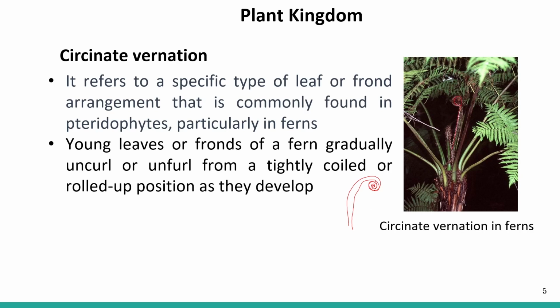The new leaf is curled in shape. So, young leaves or fronds of the fern gradually uncurl or unfurl from the tightly coiled or rolled up position as they develop. When they develop, they uncurl and expose their leaflets. Okay. So, this is circinate vernation. Sometimes in the examination, it can be asked what is circinate vernation or in which type of plants it is found.